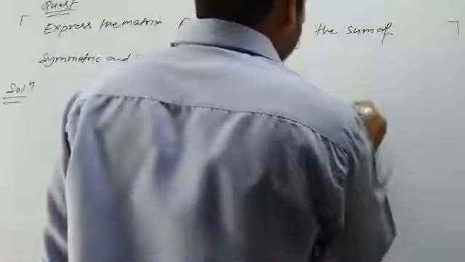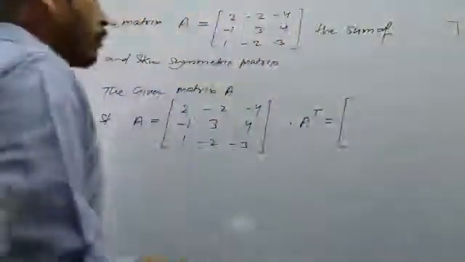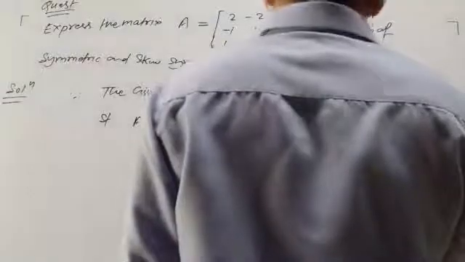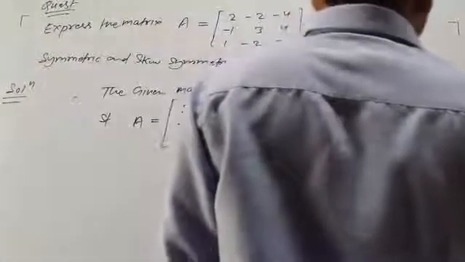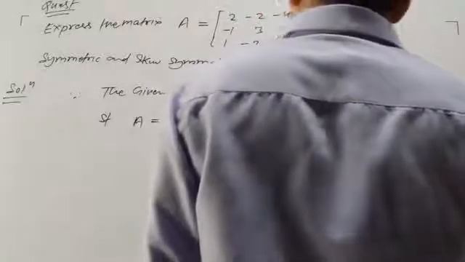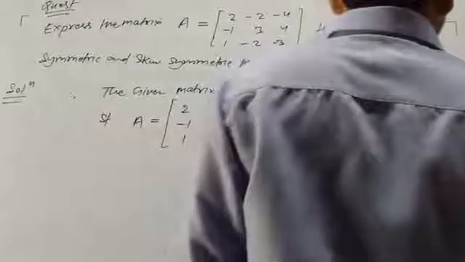Their transpose AT will be, interchanging rows and columns, 2 minus 1 1, minus 2 3 minus 2, and minus 4 4 minus 3.